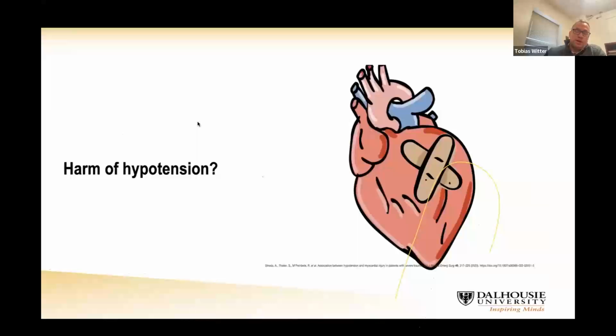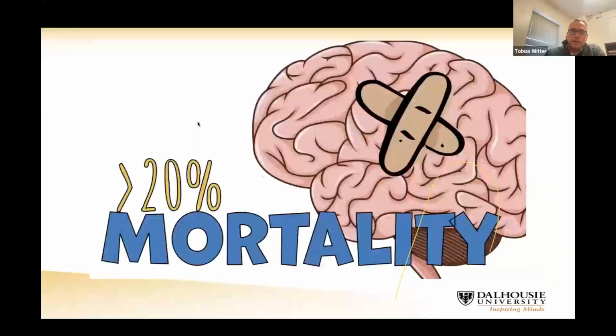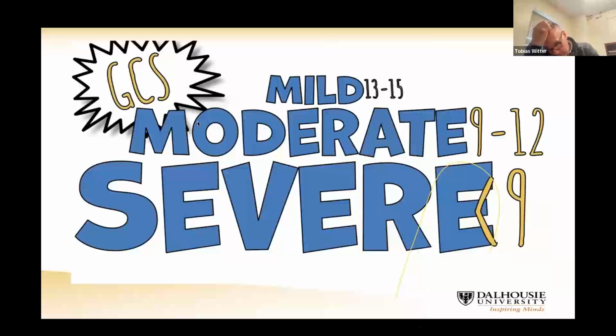Is there potential harm if we go hypotensive? Well, if we have an associated brain injury, our mortality is potentially significantly higher if we follow those lower blood pressures. Brain injuries are classified into mild, moderate, and severe based on their GCS at presentation.